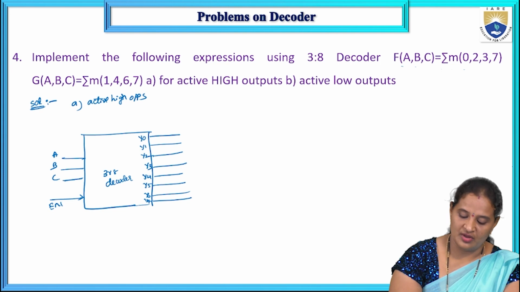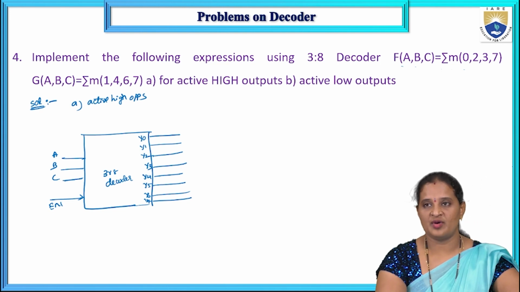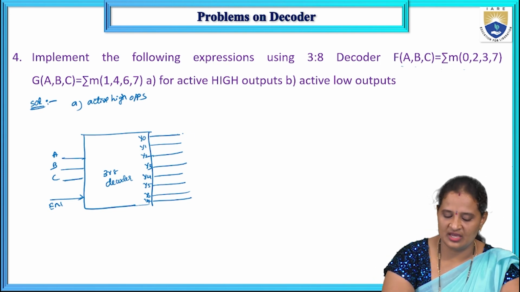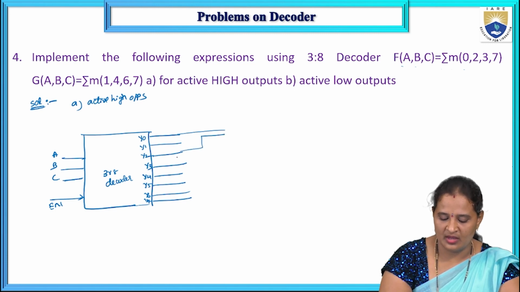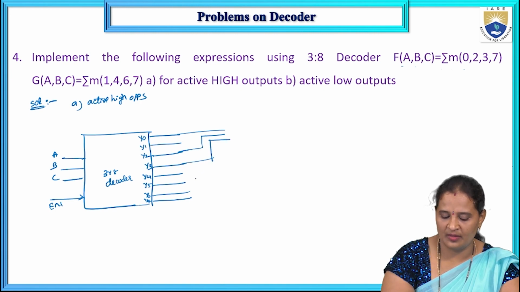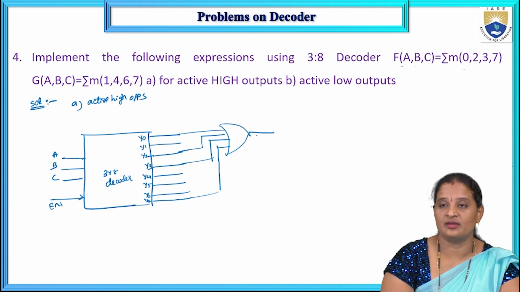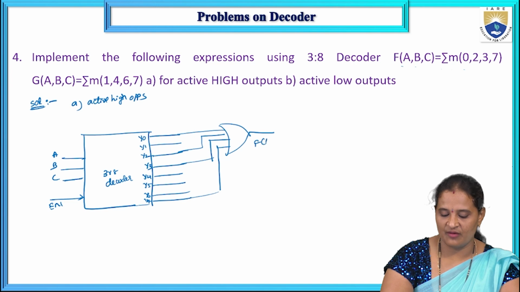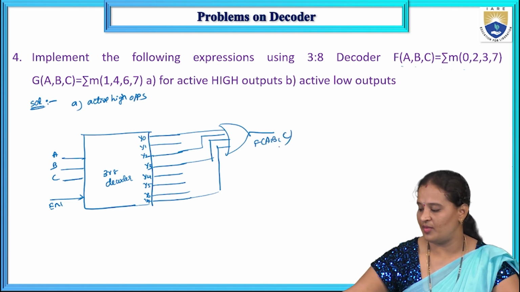Now, first of all, F of A, B, C. Just take Y0, next Y2, then Y3, and finally Y7. These are given to an OR gate. So this is F of A, B, C.